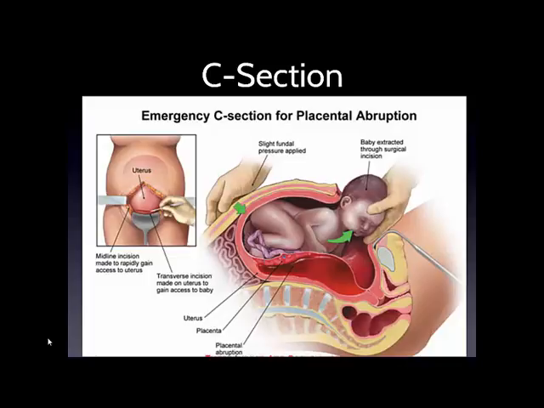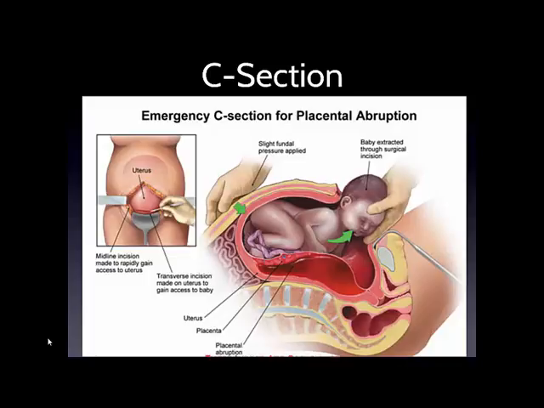It's a more difficult recovery for the mother, because the uterus has to heal, the abdominal muscles they cut through have to heal, and the skin has to heal. So it takes a lot longer for a mother to recover from that than from a natural vaginal birth. When a woman has a C-section, she has to stay in the hospital for a few extra days, whereas with a natural childbirth, she could go home the next day.